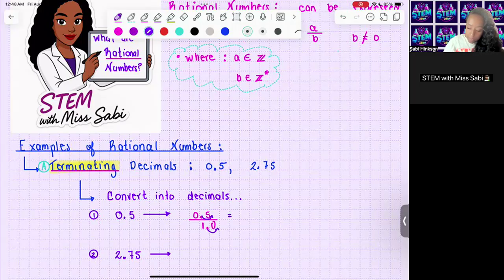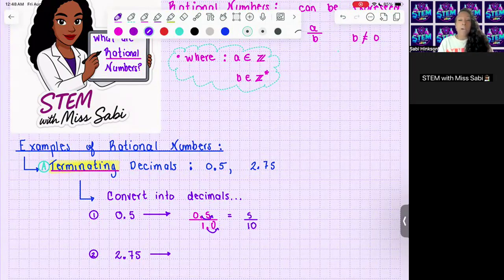So what I end up having is, I move the decimal place one place on the top, so that is 5. Then I move the decimal place one time on the bottom. So what I end up with is 5/10. Now you should immediately look at this and think, I can reduce that.